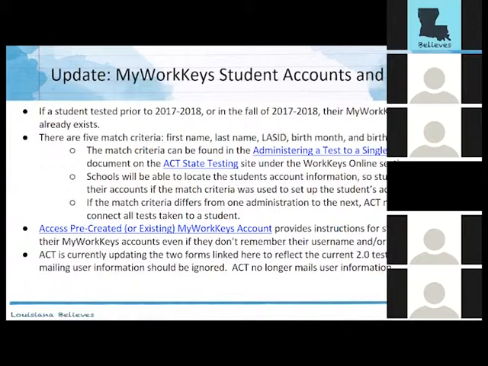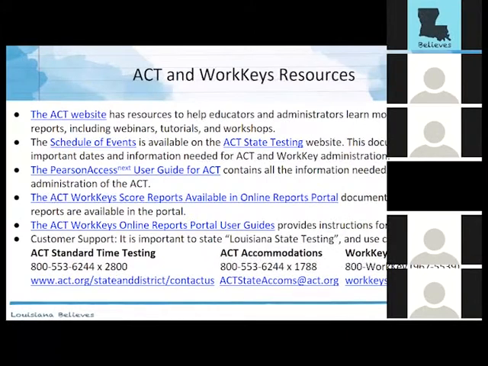It's very beneficial for students who change schools and need their account information. And again, all the resources for ACT and WorkKeys can be found using these links. And again, if you have other questions or need support, you can contact ACT located at the phone numbers and email addresses below.